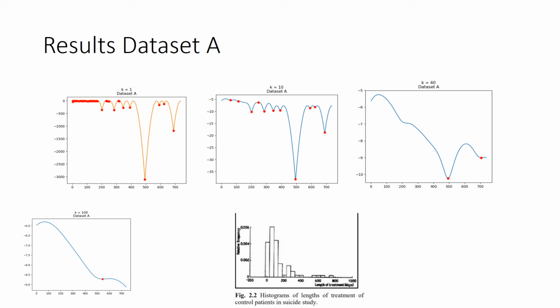We can also see that at 500 we have no values near, so the log probability drops dramatically. And the more we smooth the function, the fewer local minima we have.